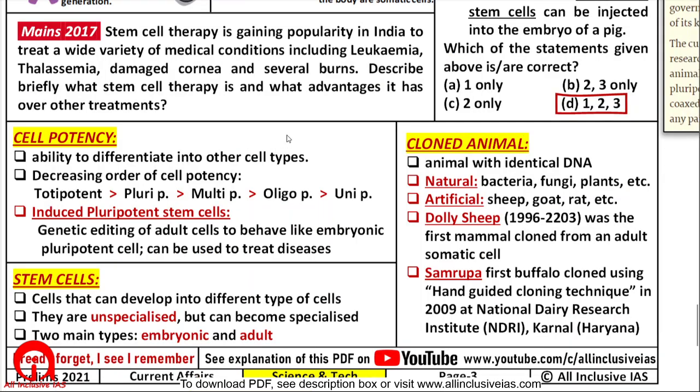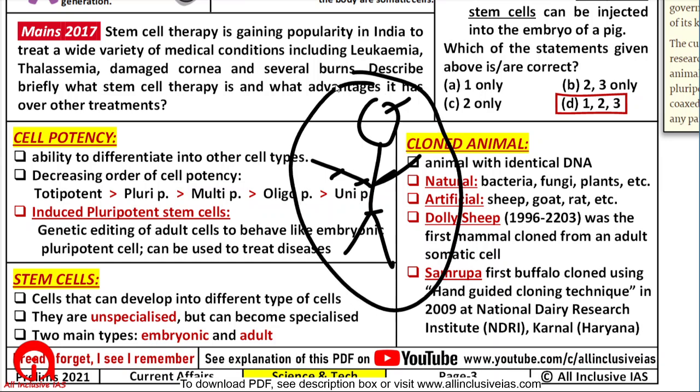So understand one concept. This is you. Your different body parts have different type of cell. You have some neurons, nerve cells, you have heart cell, lung cells, liver cell, skin cell. So each cell has a specialized function. And you are made from embryo, and that embryo started from a single cell.